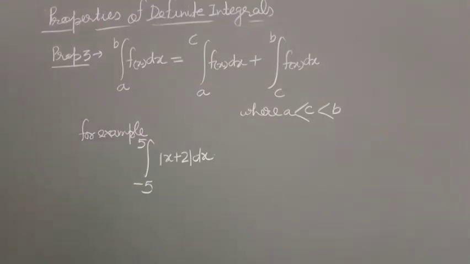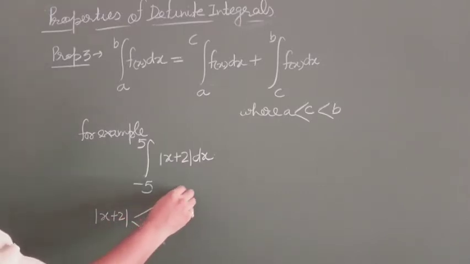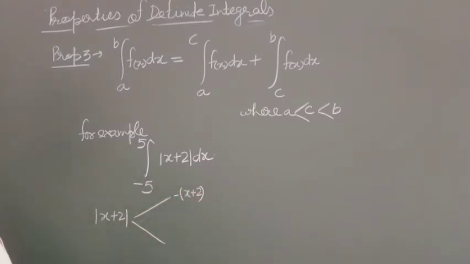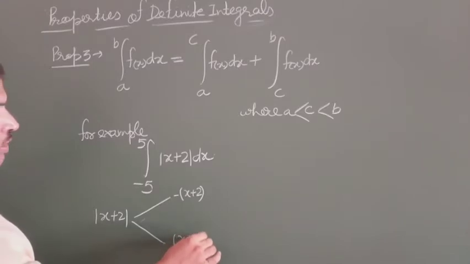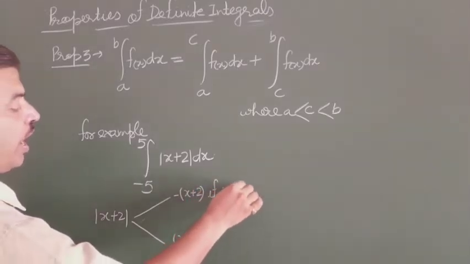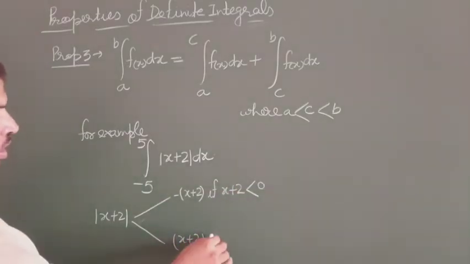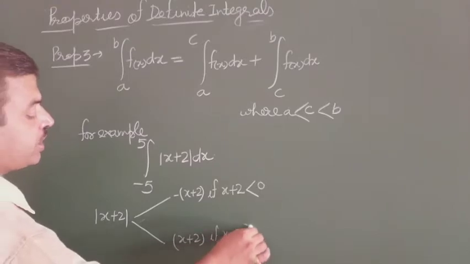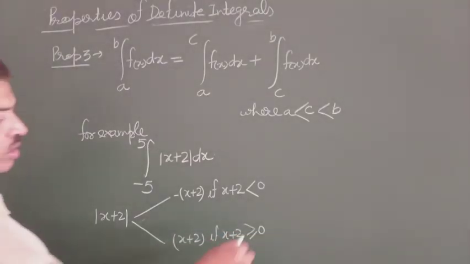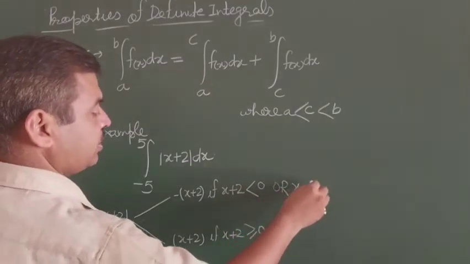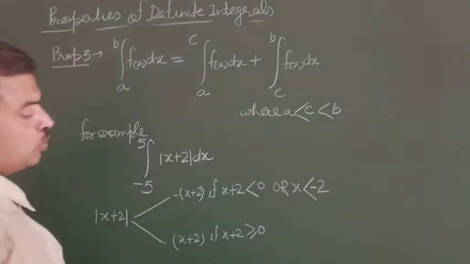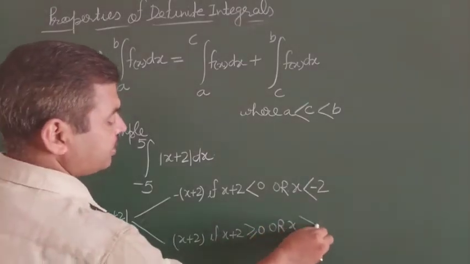So how can we solve this function? |x + 2| is given, so it can be written as minus (x + 2) if x + 2 is less than 0, and plus (x + 2) if x + 2 is greater than or equal to 0, or x less than or equal to minus 2, or x greater than or equal to minus 2.